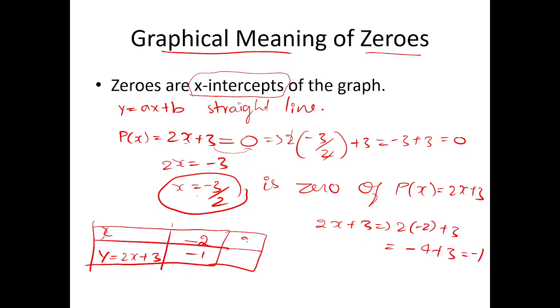Right? When x equal to 2, 2x plus 3 is equal to 2 into 2 plus 3, which implies 4 plus 3 equal to 7. Right? When I plot this in a graph, what happens?